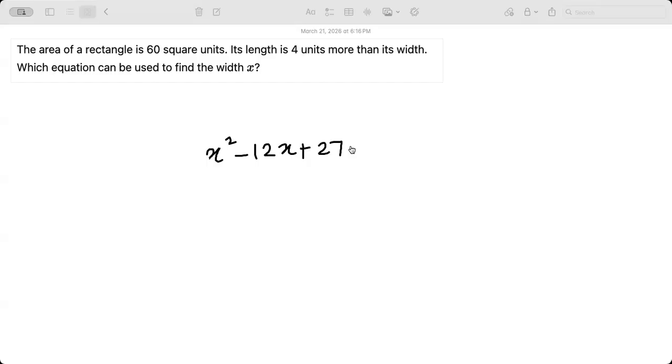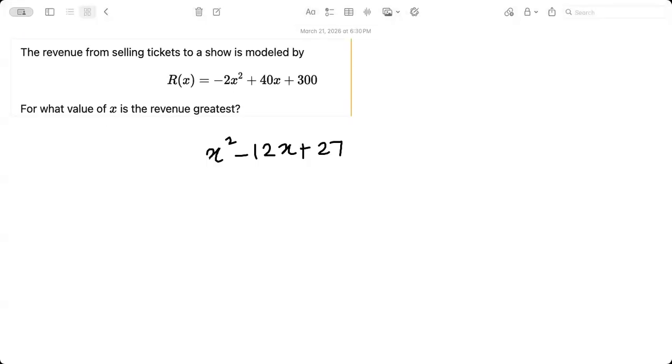Okay, what are they asking here? I want you to find what they are asking here. Just tell me what are they asking here. They're asking what the vertex is. Good. Very nice.